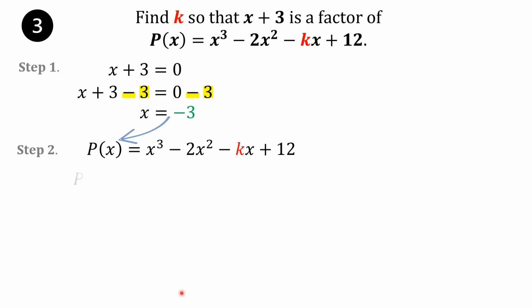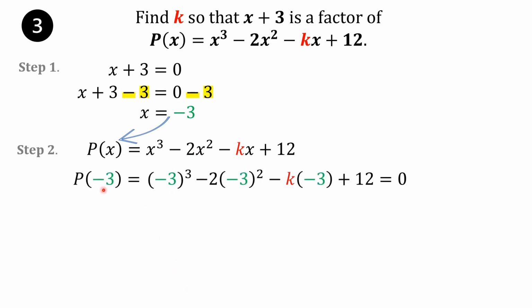That is, p of negative 3 equals negative 3 cubed minus 2 times negative 3 squared minus k times negative 3 plus 12. It is equal to 0. Performing the operations, negative 27 minus 18 plus 3k plus 12 is equal to 0.